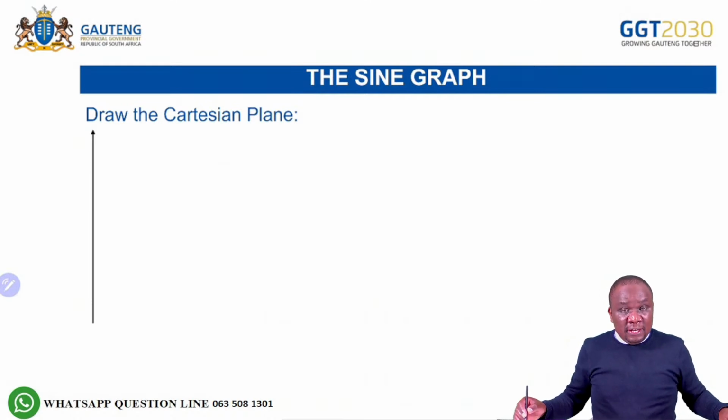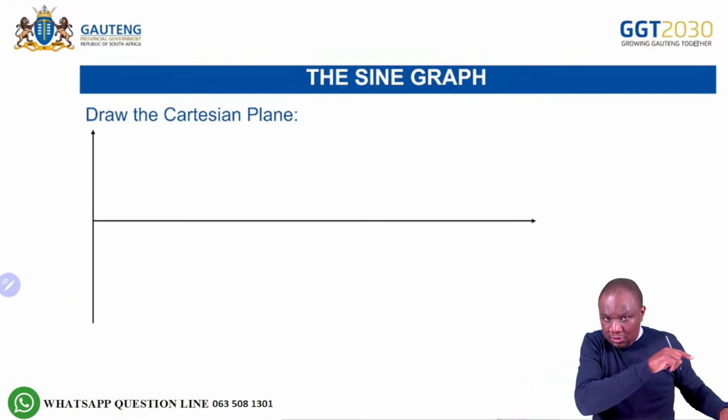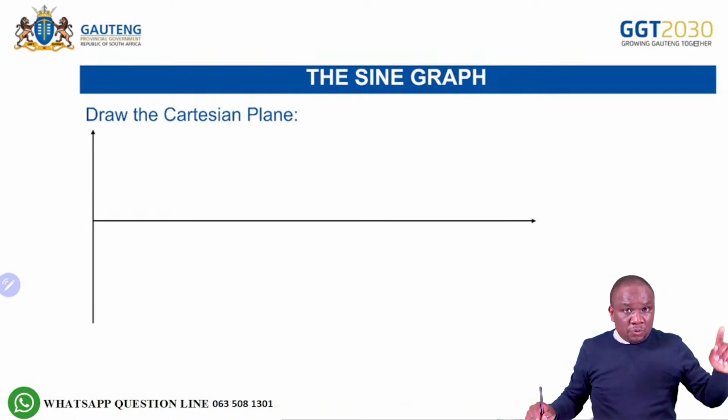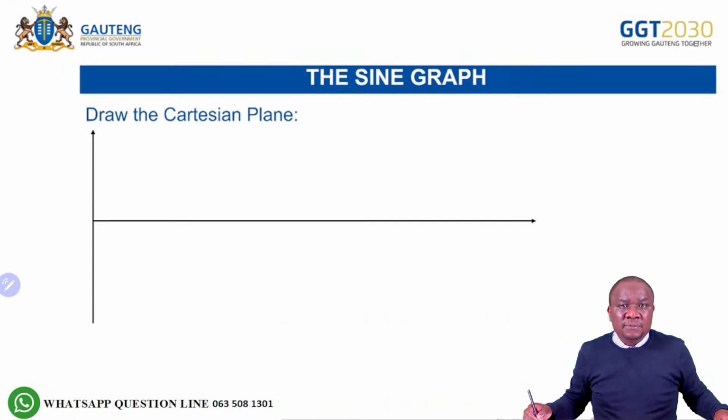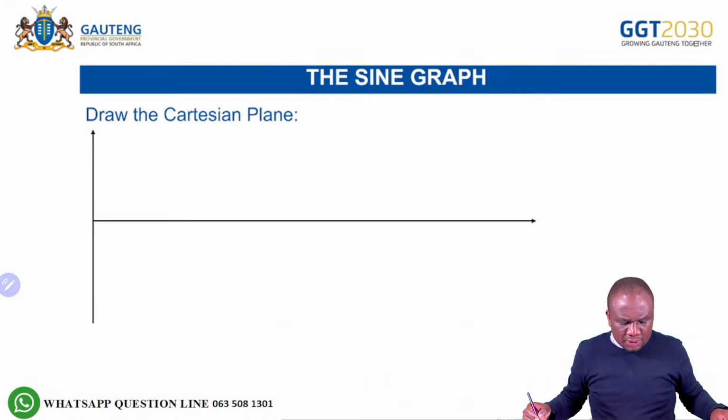Then draw your horizontal axis, the x-axis. Even if it goes across the page, from the margin to the margin, it's still okay. Use your pencil so that if you make a mistake, you can correct.